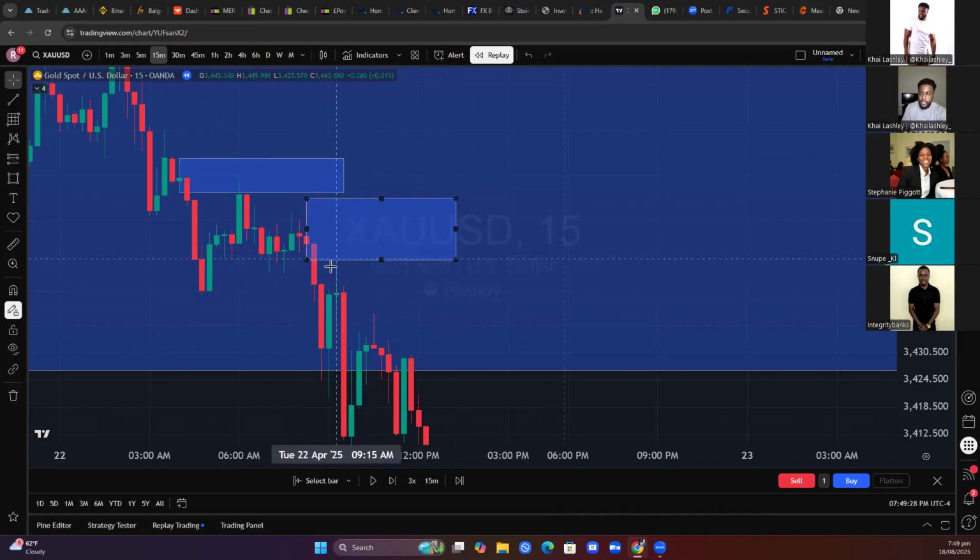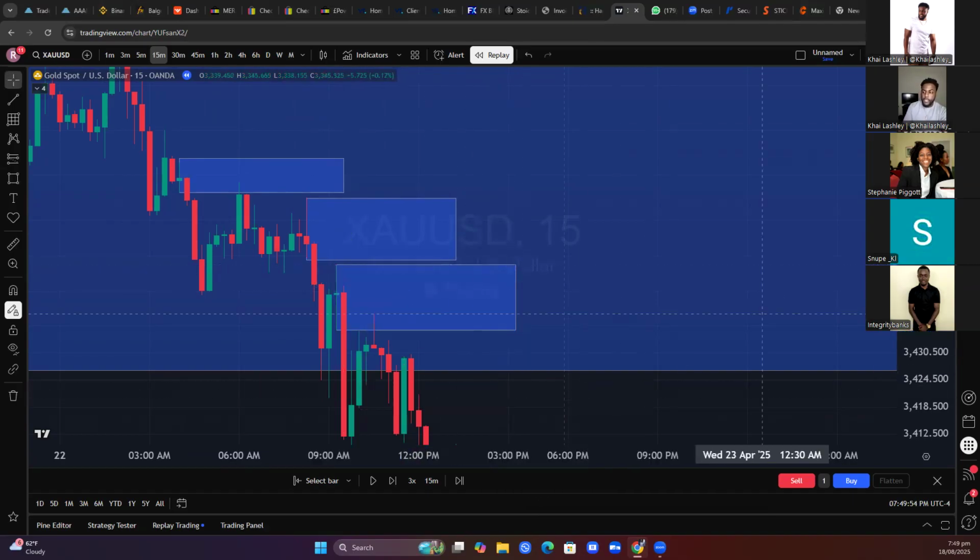That space right there is where the imbalance was created. You're looking for price to come back up into this order block, came pretty close, and then down again. If you look here once again, you see this candle, an engulfing candle, imbalance created. This space right here is your order block.